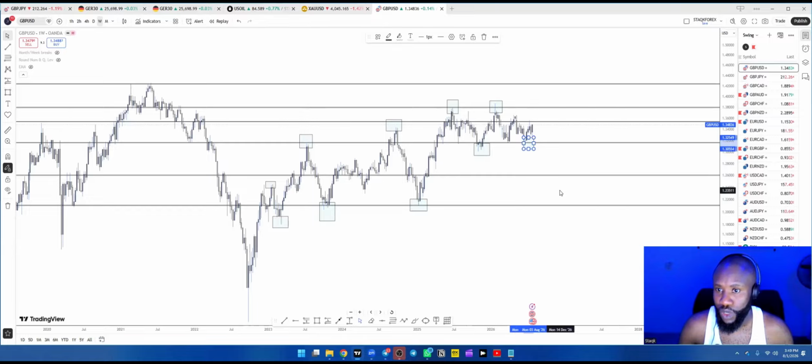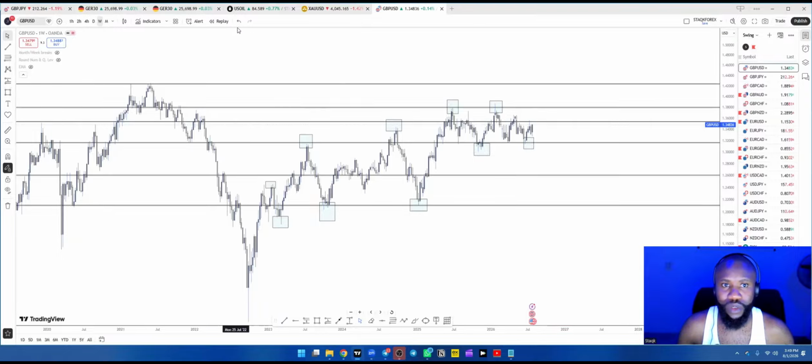This is on the weekly time frame. As long as we are still staying above this recent low, the last previous low, we are definitely still pushing to the upside.